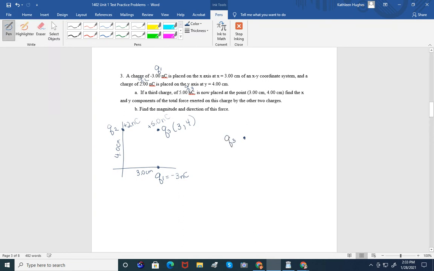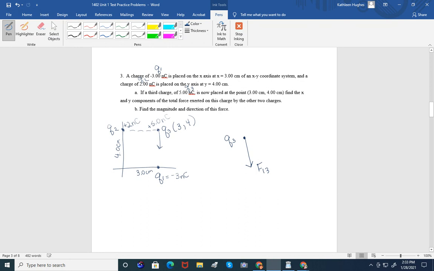It's going to feel a downward force because of Q1. I'm going to call that force 1 on 3. Q3 is going to feel a downward force towards Q1. Opposites attract. If we look at the relationship between Q3 and Q2, notice they lie right on this line.